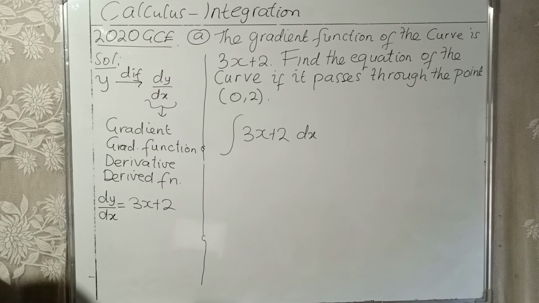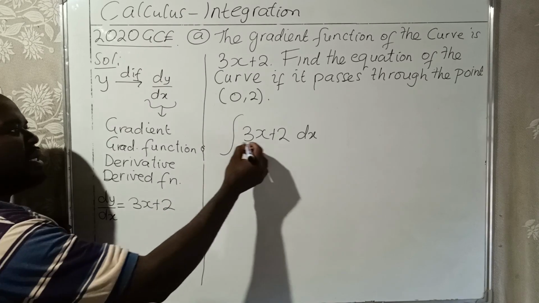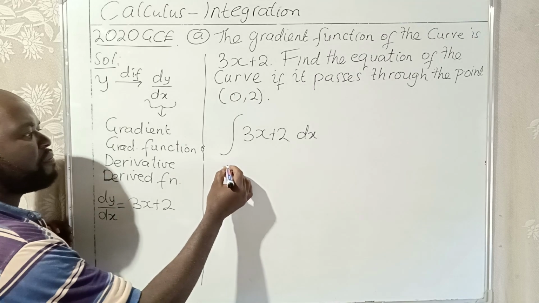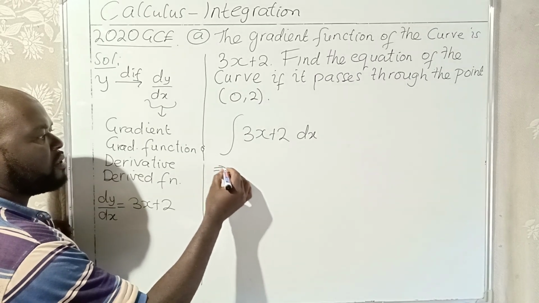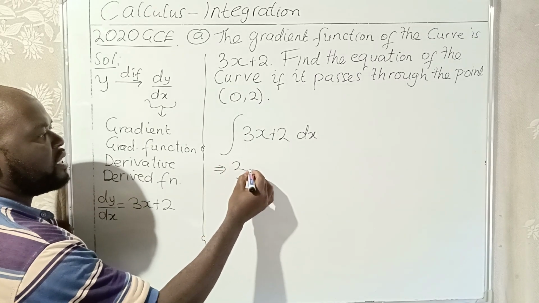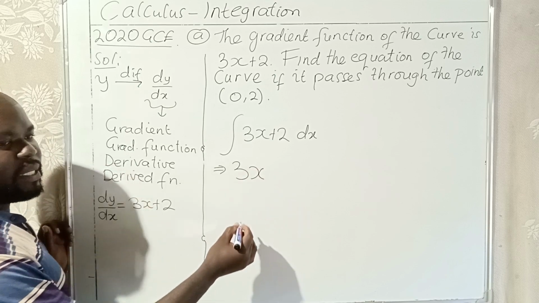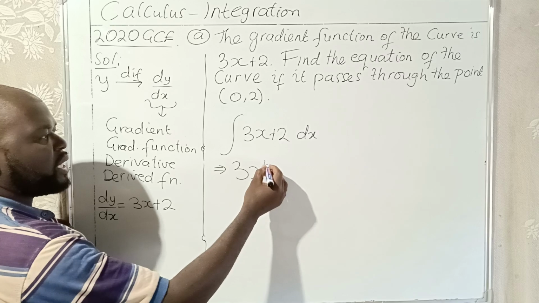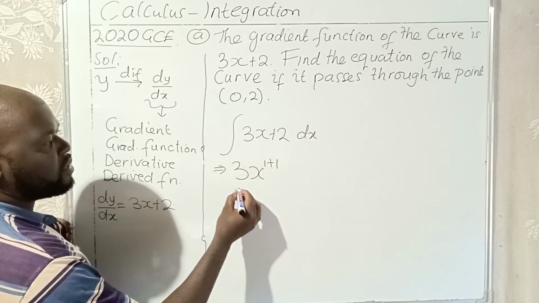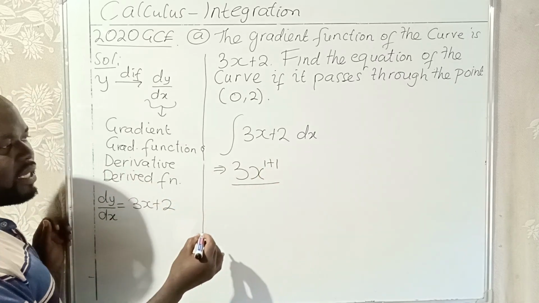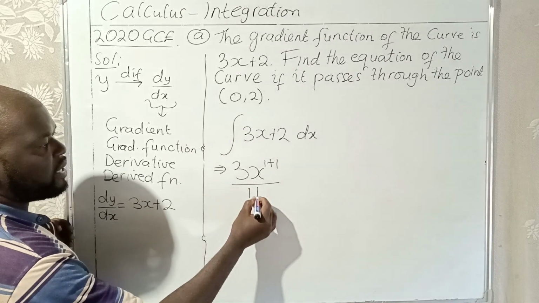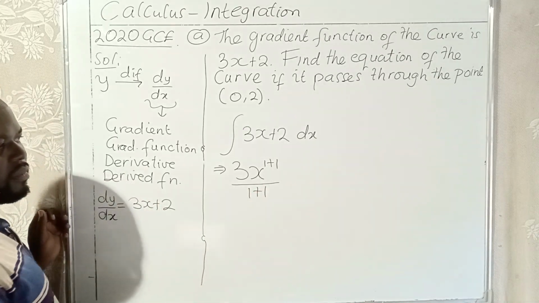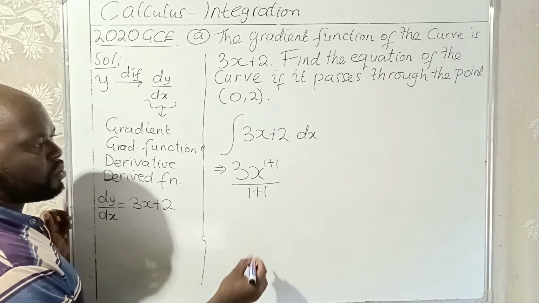So let's continue. Integrating this, we have 3x, the index is 1, so we add 1 to the index, 1 plus 1, and divide by the new index. Then here we have a 2.